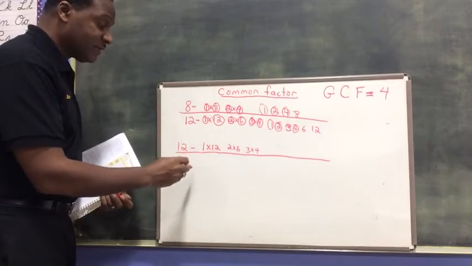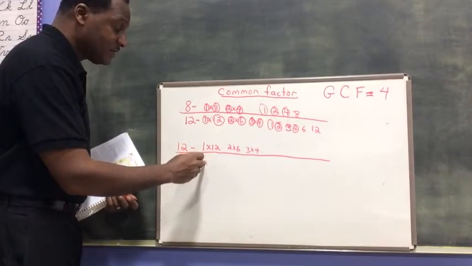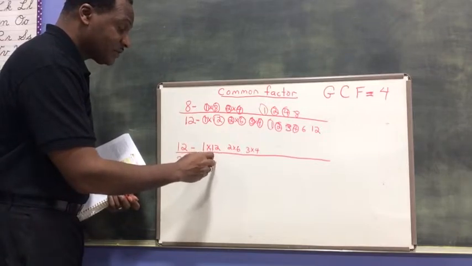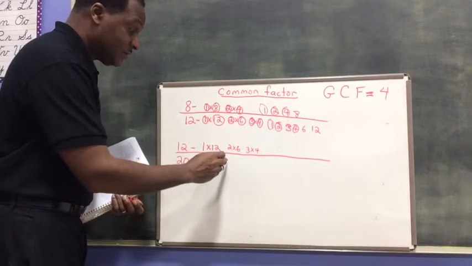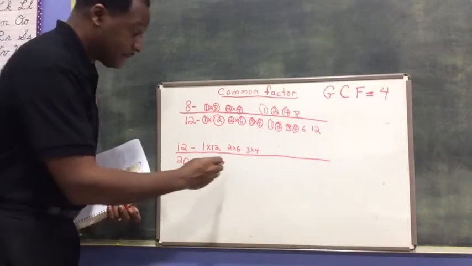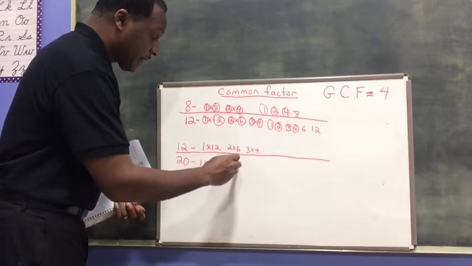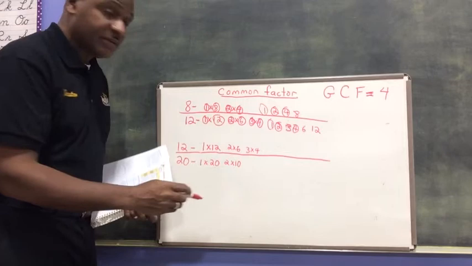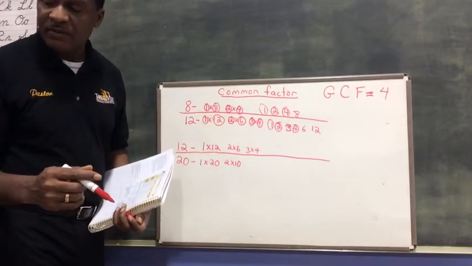Let's go to 20. What equals 20? 1 times 20 equals 20, right? What else equals 20? Isaiah? 2 times 10 equals 20. And what else equals 20? Is there any other? Yes.